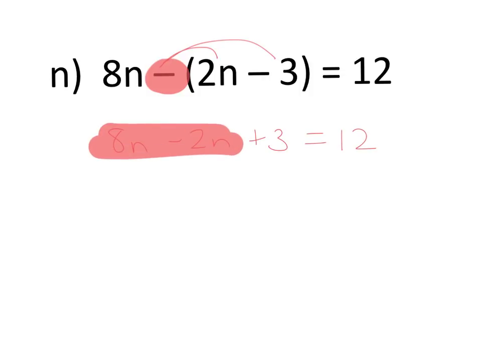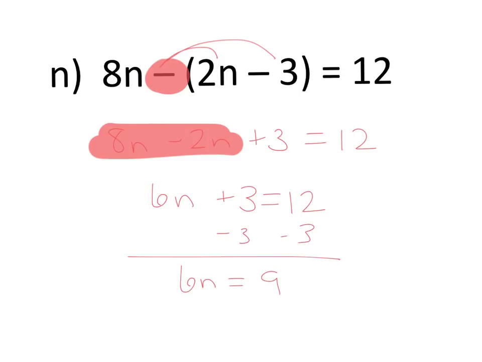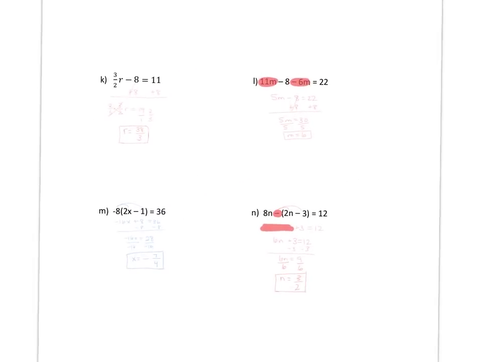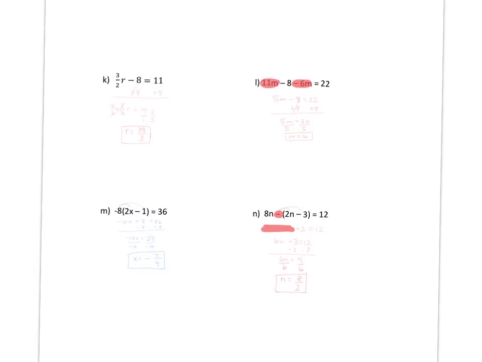You're still going to have to do that step. So you're going to get 6n plus 3 equals 12. Subtract the 3 off. So we get 6n equals 9. And then we're going to go ahead and divide by 6. Again, we have to reduce our fractions, so 3 comes out of both. So your final answer would be 3/2. Okay, go ahead and go to the next page.